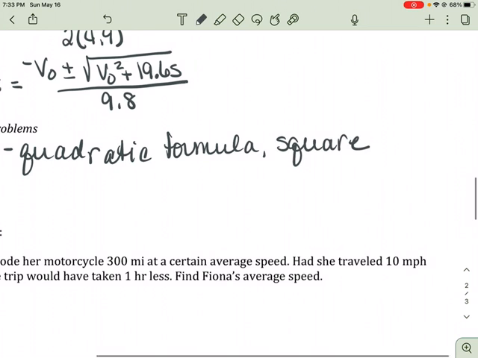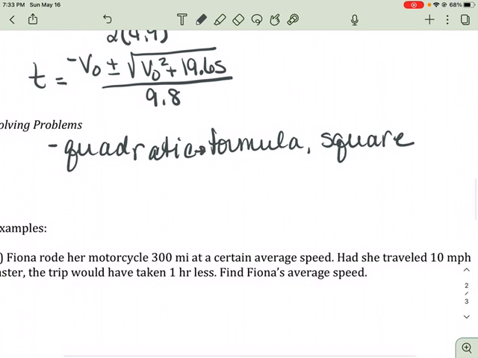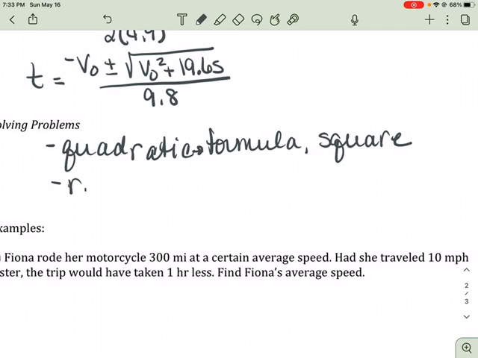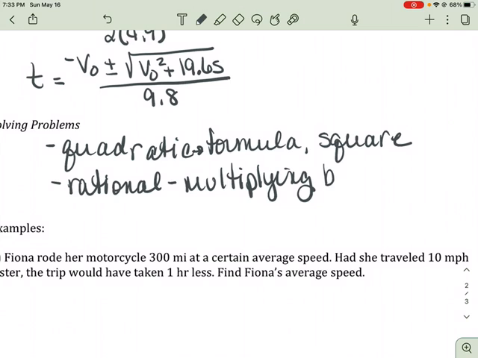You also may be doing some rational expressions, which means multiplying through by the common denominator.